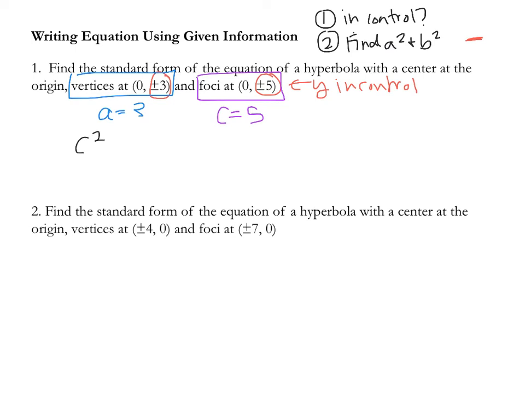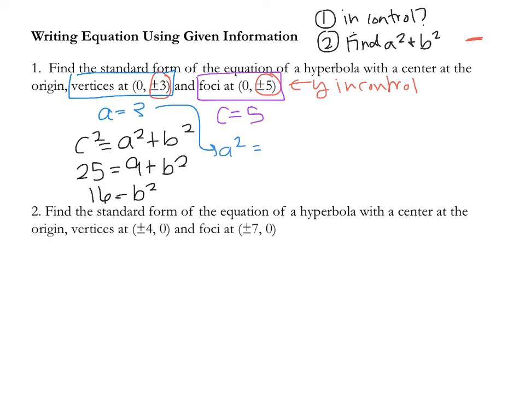We just have to put those into the equation to figure out what b is. So this is going to be c squared equals, use your new equation for today, a squared plus b squared. So it's going to be 25 equals 9 plus b squared. Then we just subtract and we get b squared equals 16. And I would know a squared is 9. Now we need to think about what it means for hyperbola problems that y is in control. That means y has to be the first fraction. So it has to go in the order y squared over something minus x squared over something equals 1.